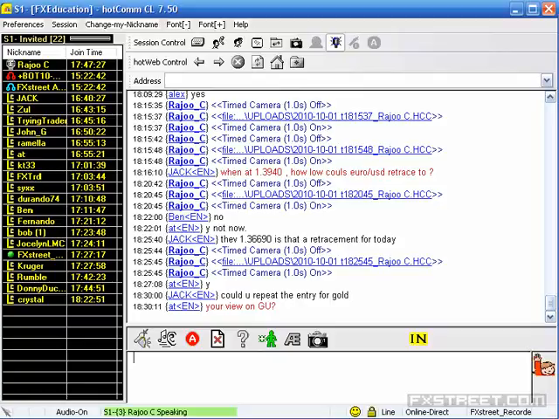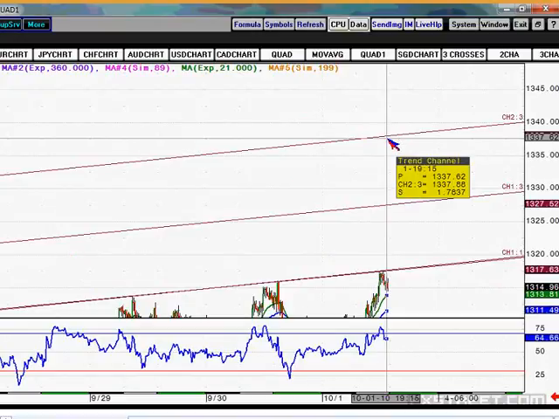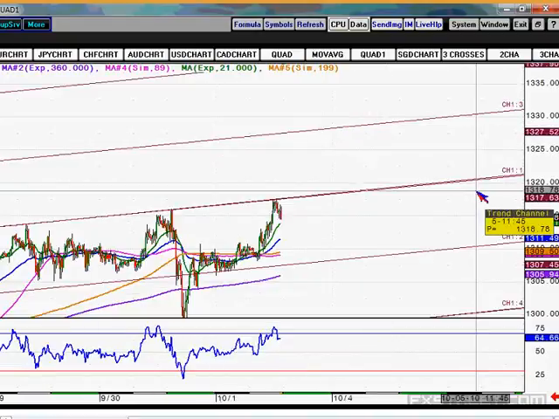Once it breaks that 1317.50, you should see the next price targets are 1322, I repeat, 1322, 1327, or max about 1336, 1338 level. Then only can you expect the price to reverse on gold, right?